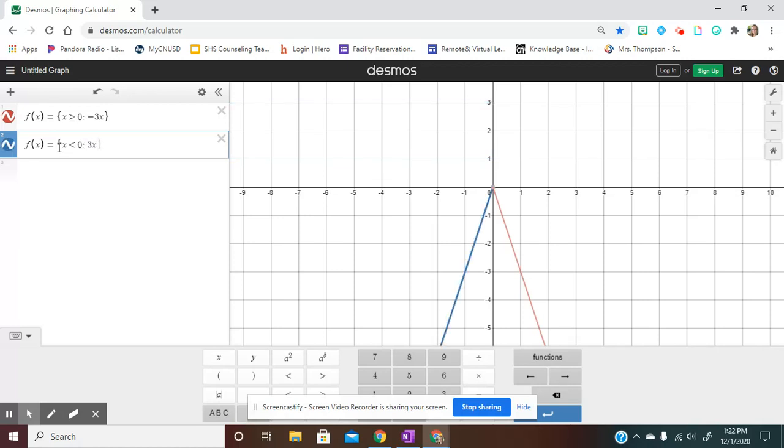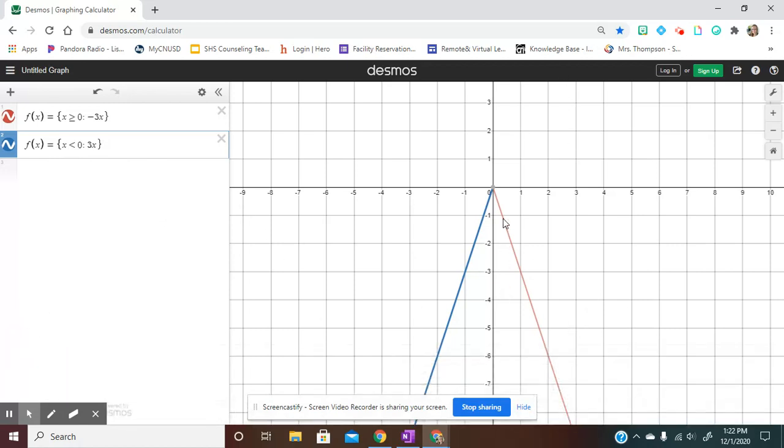In Desmos, and I don't know why, Desmos has you write the interval and then the function. So check out how that's different. This is kind of nice too because you can see how they're different functions even though they look like the absolute value function. So check out how I wrote that down. You might want to jot it down or copy it into your Desmos screen so that you've got it.